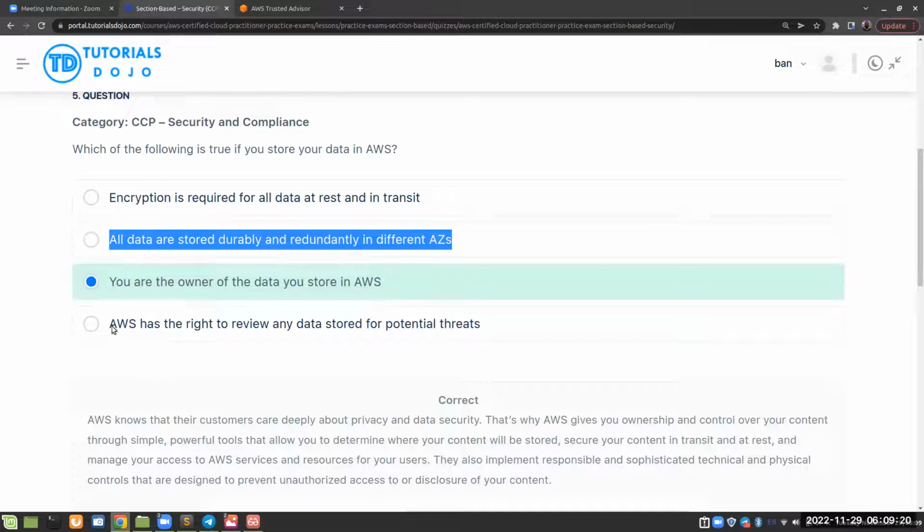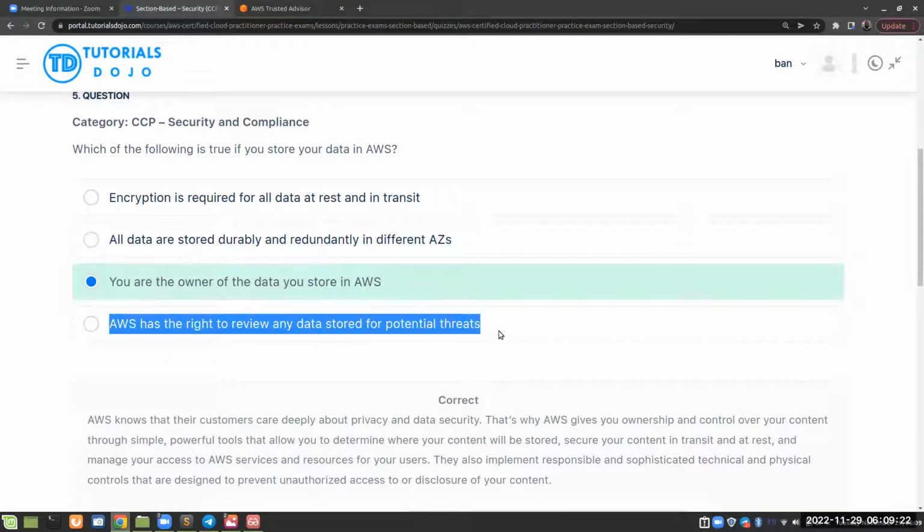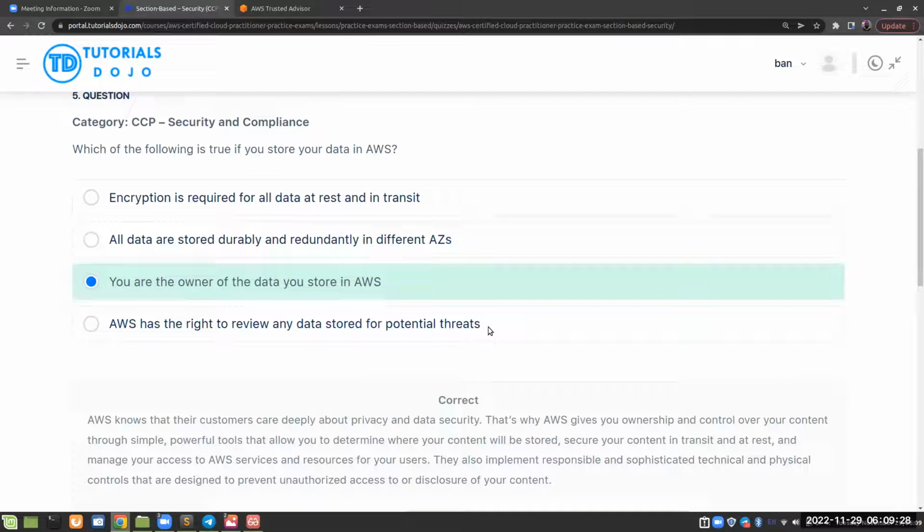And then, AWS has the right to review any data stored for potential threats. That's not true. Because if that was the case, then people would not trust using AWS. Always remember that even AWS employees cannot access your data. They don't have that possibility. The way it's built is set up in a way that, and that's why you have IAM permissions, right?